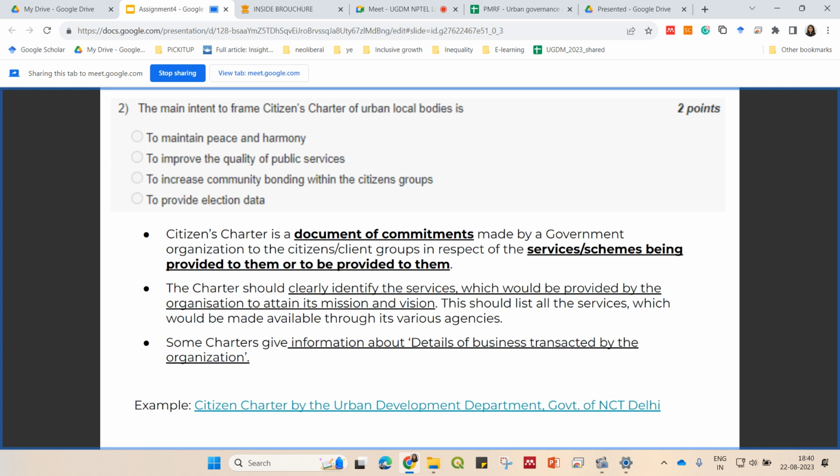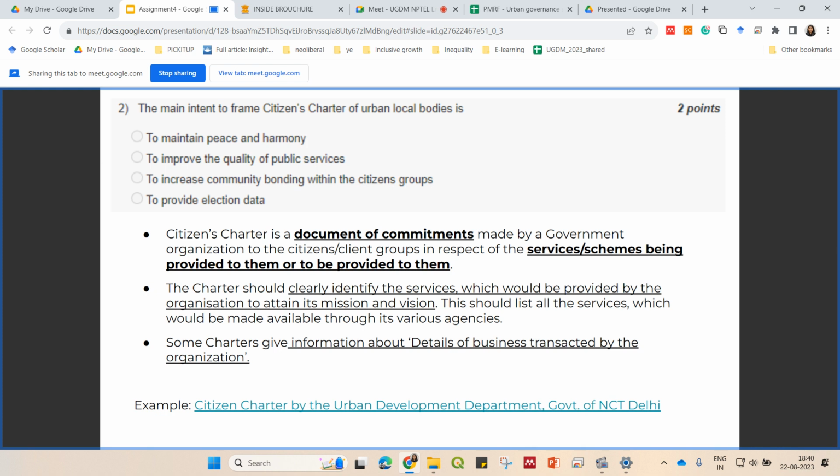What it basically is, it is a document of commitments which are made by the government organization. So the organization makes commitments that these are the services we'll provide, this is the time frame within which we'll provide them, or these are the citizens to whom we'll be providing it, and n number of things which are the particulars of any service the government organization is providing.